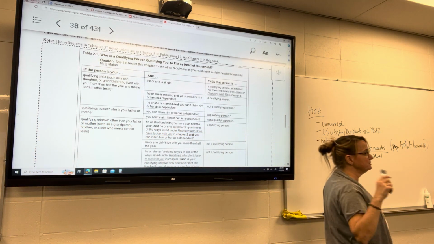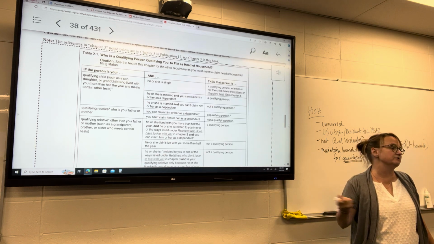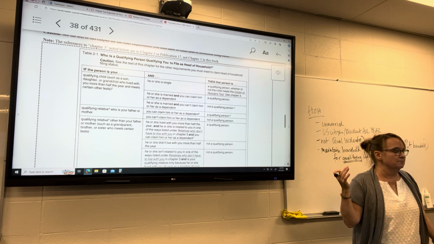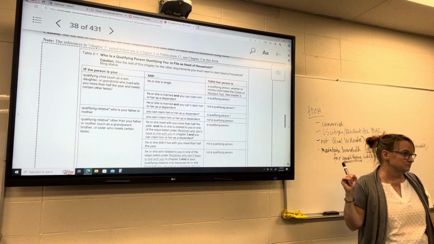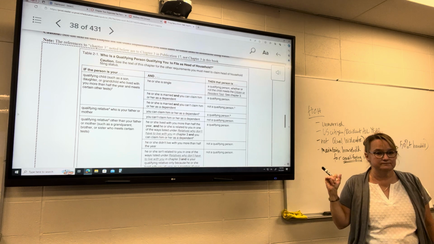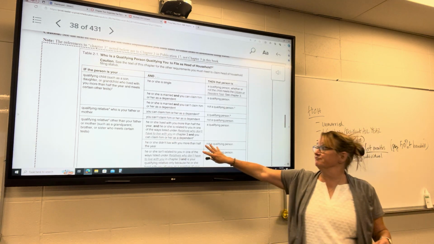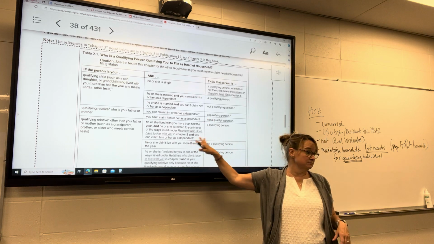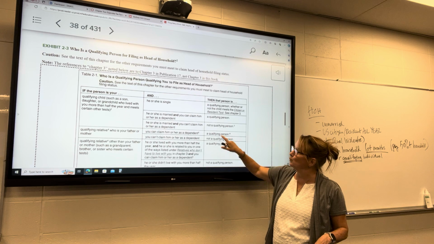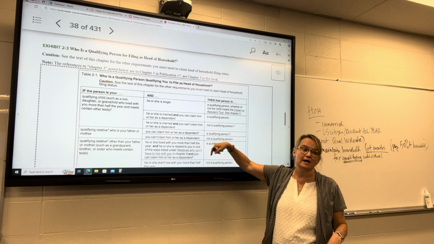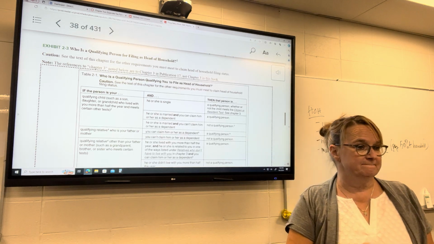For the vast majority of your problems throughout the semester, they're going to give you the filing status. But in your chapter 2 homework, I think there are some where you're going to have to figure out what that filing status is, okay? Questions. Refer to this, it's helpful, right? Now again, this is whether they're a dependent or not, we're going to go over that in the next section and what that means.